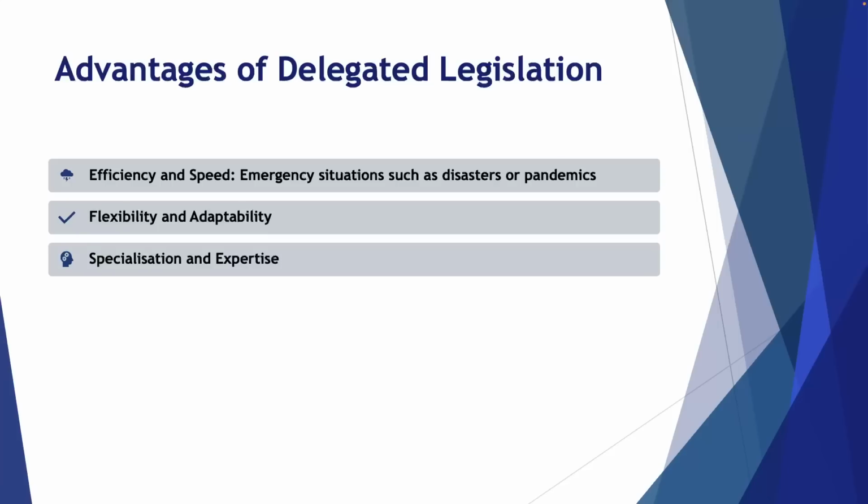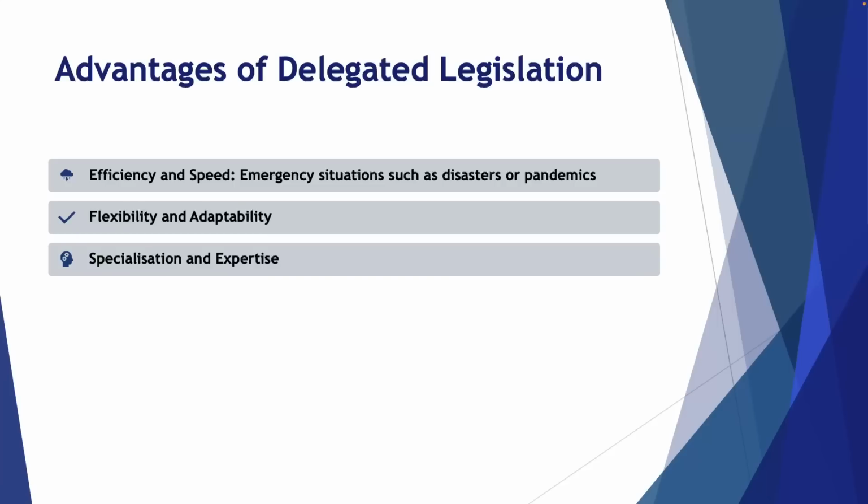Delegated legislation also has the advantage of requiring specialized knowledge, and ministers or regulatory bodies may have more expertise than general members of parliament. So delegating legislative powers to experts ensures that laws are implemented based on these technical, industry-specific areas of knowledge.